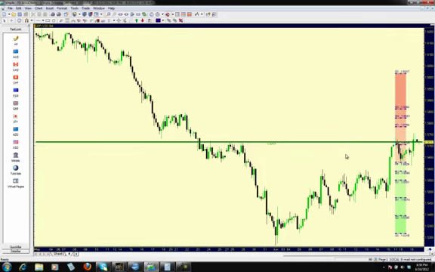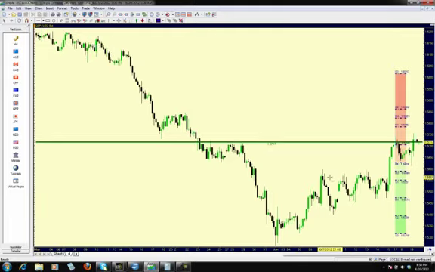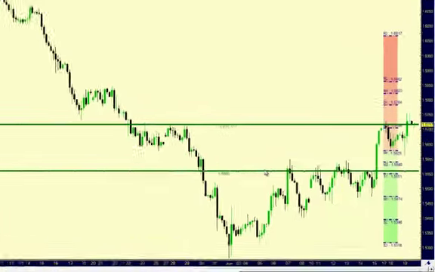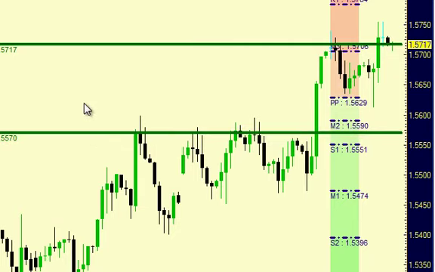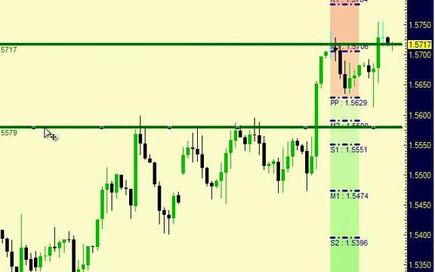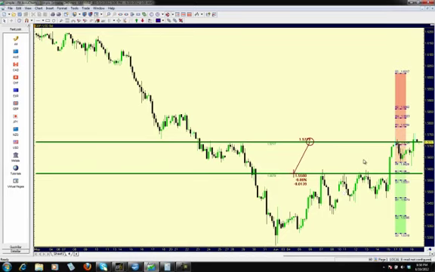That was my entry, and my target was the support area. I think that was more appropriate. That whole move should have netted about 130 pips, maybe 150 pips, best case scenario. And that was my initial conjecture.